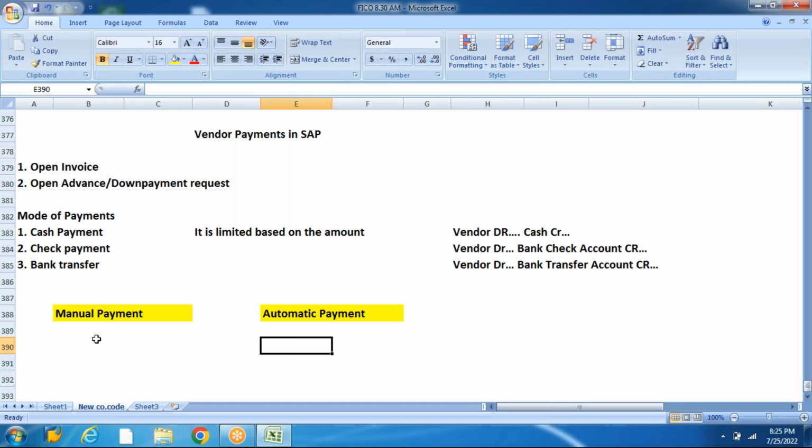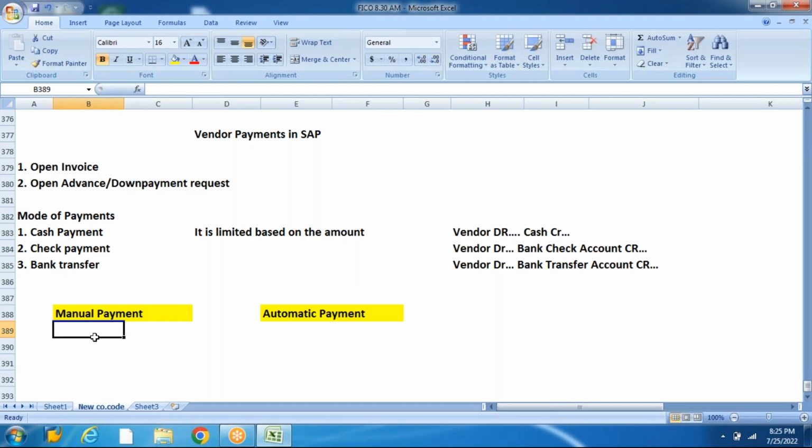Normally, manual payment is very rarely used because you will have a lot of payments to be made to suppliers. Agree? Yes, sir. A company will not keep on paying every day. They will have dedicated payment days.